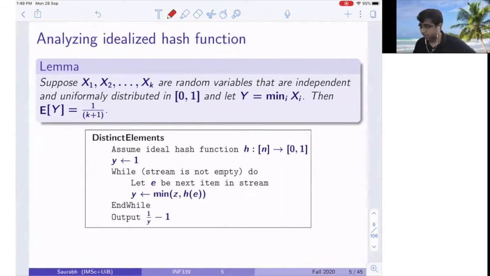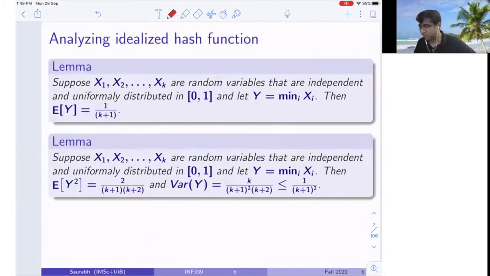That is why we were able to make this idealized hash function based distinct elements algorithm, which stored the minimum of the hash value and returned 1 over the minimum, minus 1, because it partitions the interval 0, 1 into k plus 1 parts. So 1 over 1 over k plus 1, minus 1, is k, and we return this.